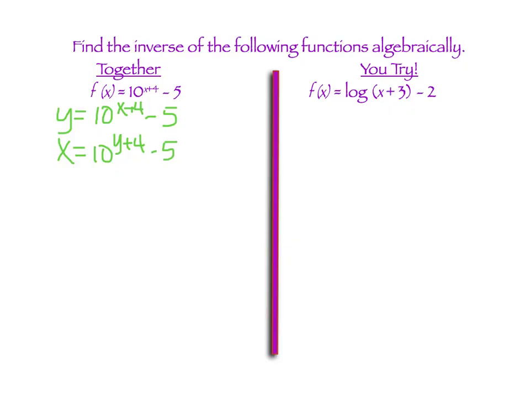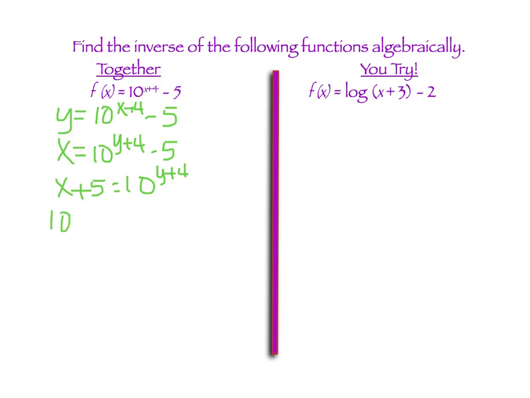Now we need to add 5 to both sides so that we have x plus 5 equals 10 to the y plus 4 power. Now let's rearrange it so it's easier for us to change to a log function.